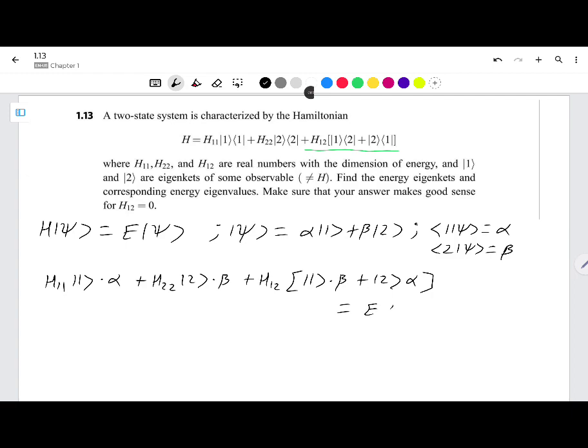Psi is our alpha |1> plus beta |2>. Right? Okay.